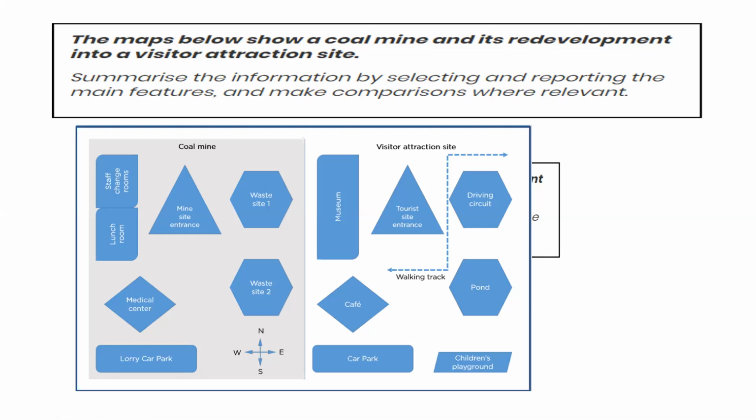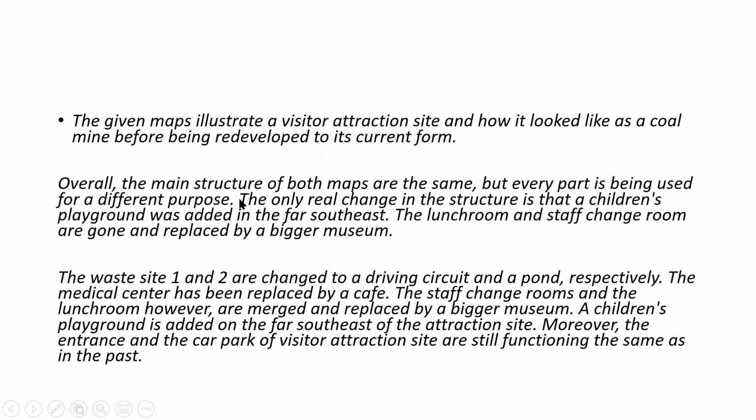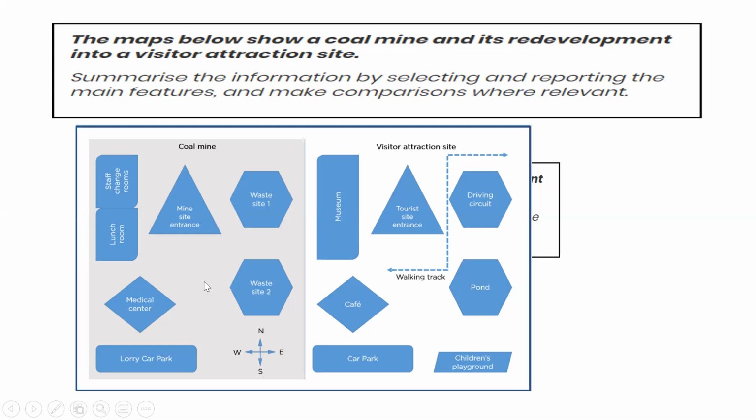So we decide to write the overview about one of the main things that is that most of the stuff hasn't changed, but only how they are being used has changed. And then the staff change room and lunchroom are changed to a museum, and then a children playground is added to the corner. So let's go and see.